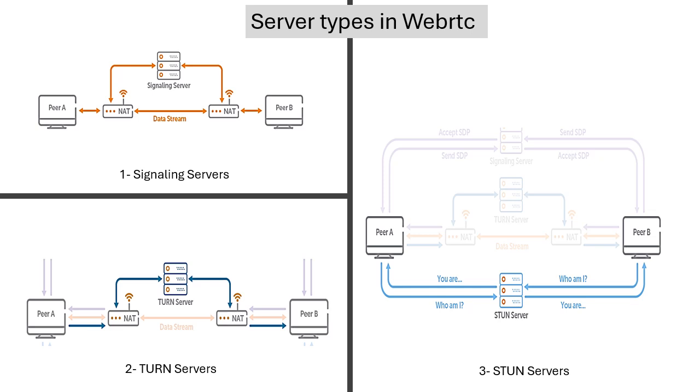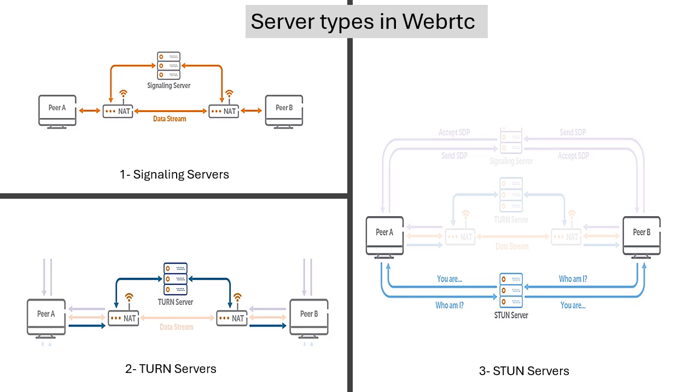WebRTC signaling is how browsers agree to connect before exchanging media. A signaling server helps peers discover each other, negotiate parameters, and reset or close connections, but doesn't carry the audio or video itself. Because NAT routers hide local IPs, peers can't always advertise reachable addresses. To fix this, WebRTC uses ICE candidates that include the local peers and the remote peers.